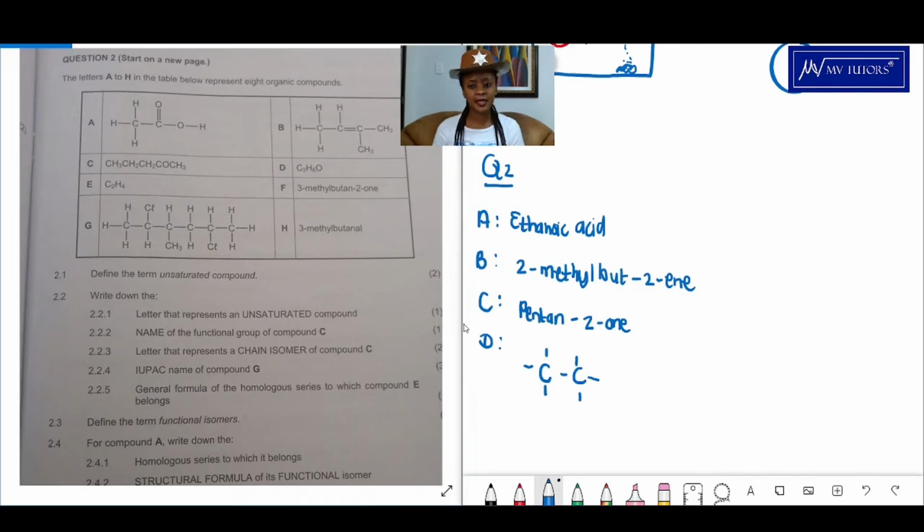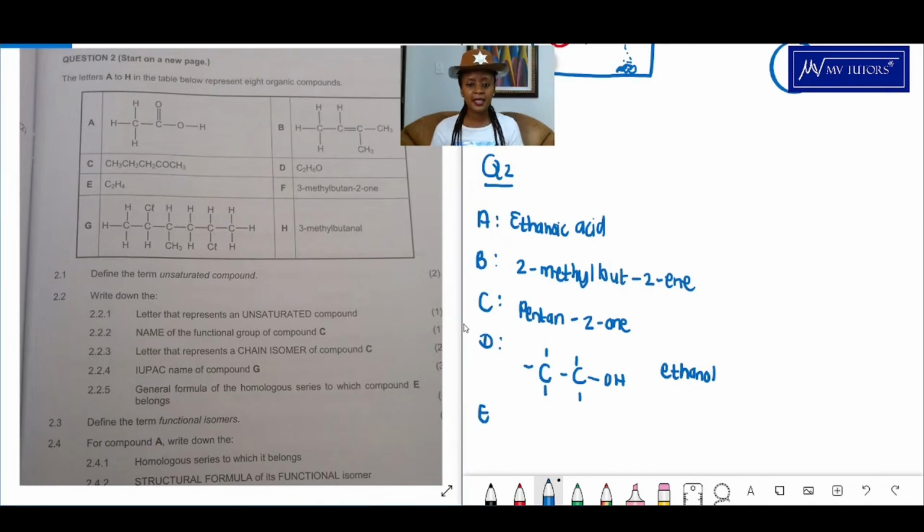What I can see though, maybe we have a double bond because we have 1, 2, 3, 4, 5, 6. Nope, not a double bond. So we have an alcohol. Okay, so we have 6 H's, 2 carbons, 1 O. It's an alcohol and it's 2 carbons, so it would be ethanol.